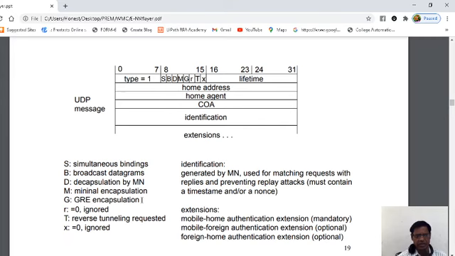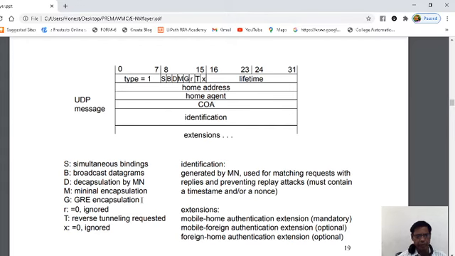What is S? S is for simultaneous bindings. B is for broadcast datagrams, which are forwarded to the mobile node. D is for decapsulation by the mobile node.